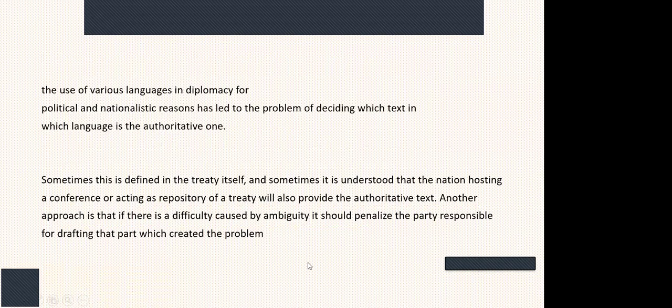The use of various languages in diplomacy for political and nationalistic reasons has led to the problem of deciding which text in which language is the authoritative one. This is the same thing that happened with the Torrijos-Carter case, right? There was an English version first, then it was translated into Spanish, but then that was back-translated to English and compared.